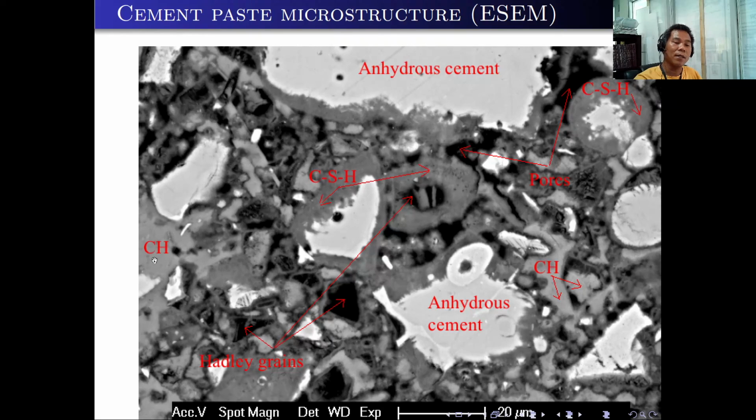The CSH is gray, the calcium hydroxide is blacker than the CSH, and the black ones are pores. This is void actually. Normally, when you polish this specimen, we put epoxy, and epoxy has no color, so if you look at it under the electron microscope, the color is black.